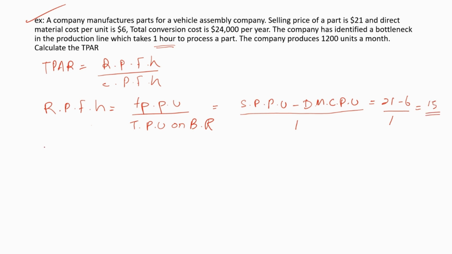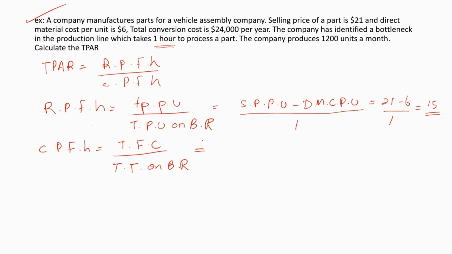Now let's calculate the cost per factory hour. Pay very close attention. This is where students get confused and get the answer incorrect. This is equal to total factory cost divided by total time on bottleneck resource.